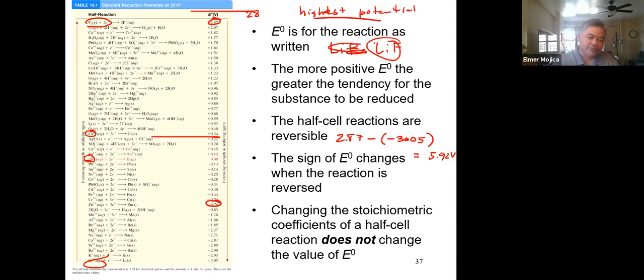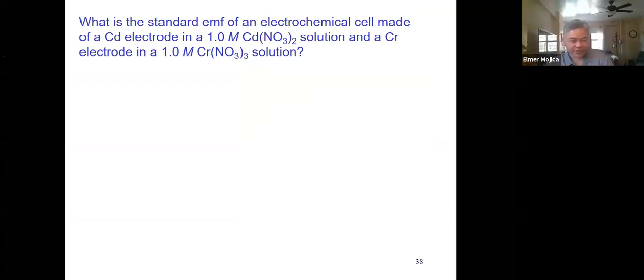Okay? So let's try to solve problems here using the table. What is the standard EMF of an electrochemical cell made up of a cadmium electrode in a 1 molar cadmium solution and a chromium electrode in a 1 molar chromium nitrate?